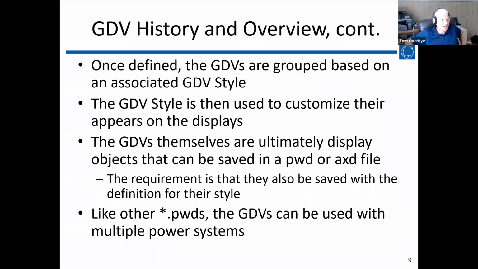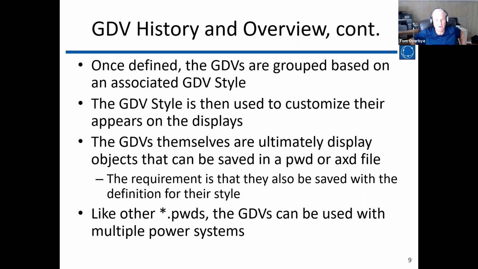Now, the GDVs were introduced about 13 years ago, but because most grids didn't have geographic information, they didn't get as popular as I thought they would. But recently, they've gotten a lot more popular, partially because of the now widespread availability of geographic information in the actual grid.